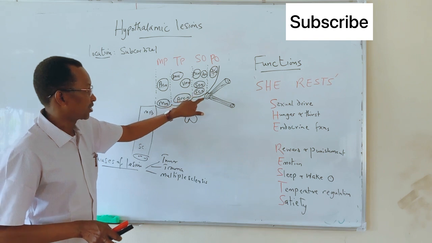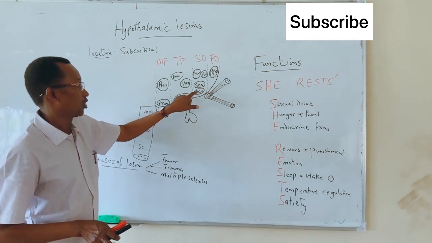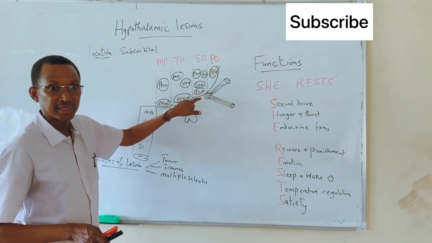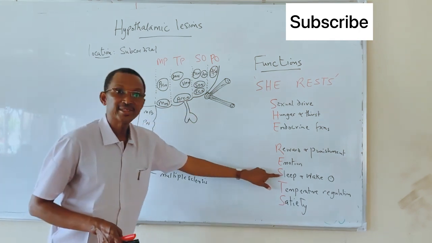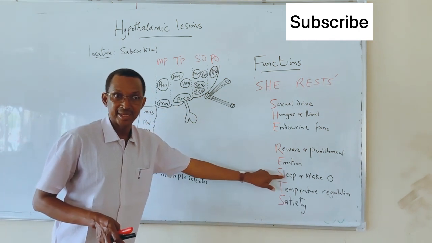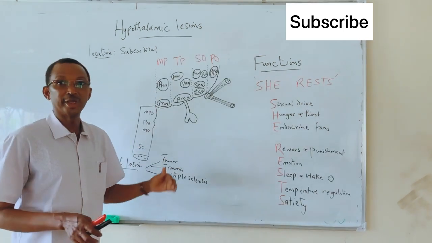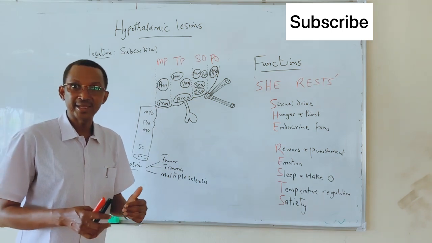This is the optic chiasma, and this is our optic nerve. The suprachiasmatic nucleus is responsible for our sleep and wake cycle. It makes you sleep in the night and makes you awake in the daytime.